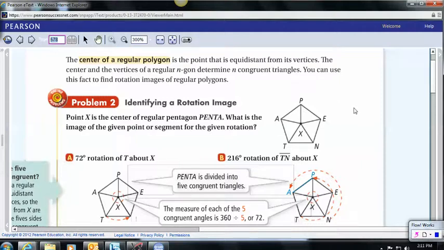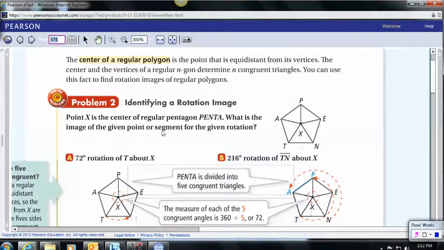The center of a regular polygon is the point that is equal distance from the vertices. The center and the vertices of a regular n-gon determine n congruent triangles. What that means is however many sides there are in a regular polygon tells you how many triangles you can get out of that polygon. In this case, point X is the center of a regular pentagon, PENTA.